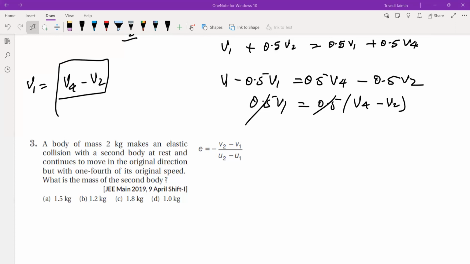A, B, C, D. Which option? Need any help?